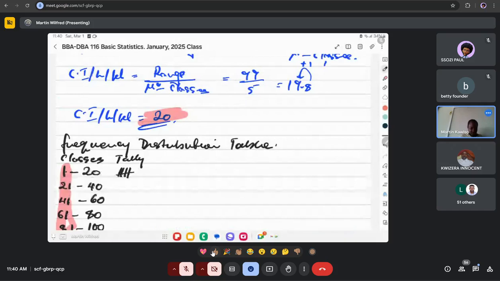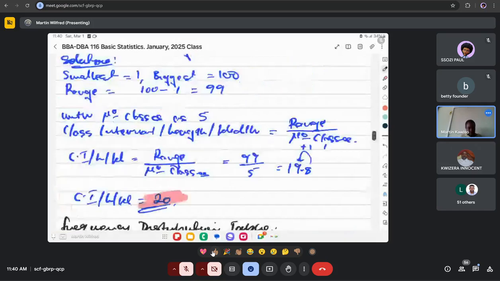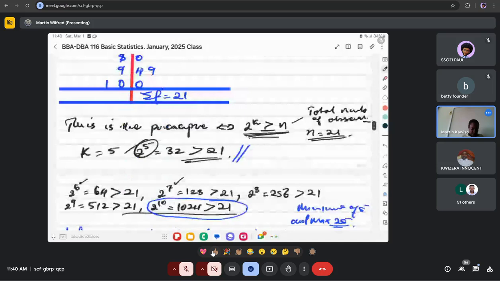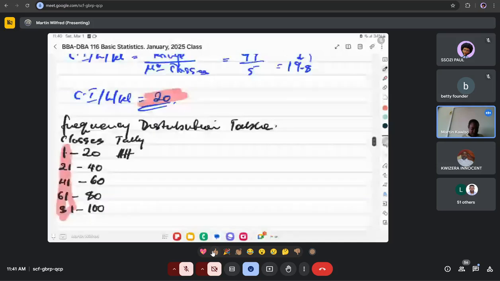How many are they? Go to your stem and leaf. You have 25, 26, 27, 33, 34, 30. How many are they? Use your own table there. That's why you plotted it. 1, 2, 3, 4, 5, 6.